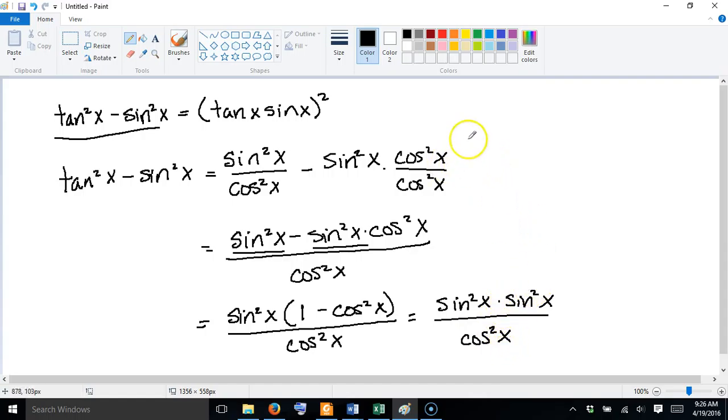Now, that should look familiar. That is up here. What I would do at this point is separate these out. We have sine squared here, and then over, well, sine squared over cosine squared, which is tangent squared.